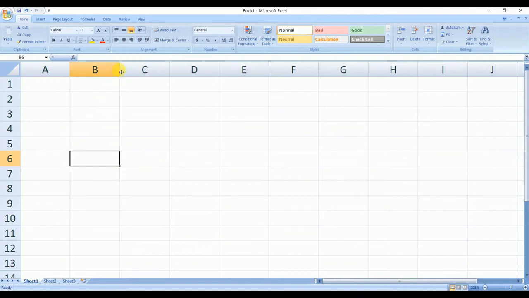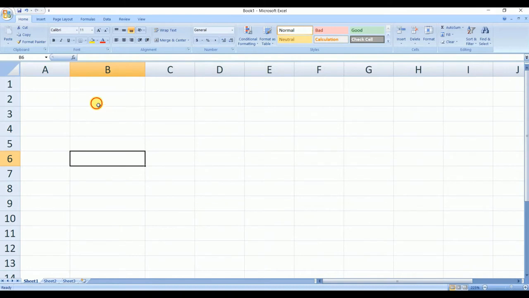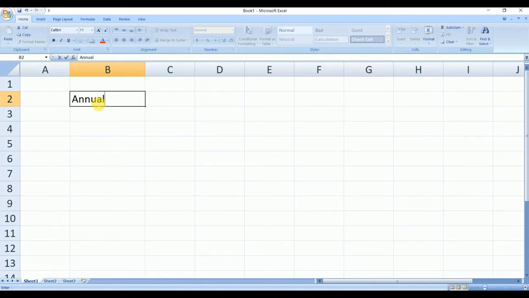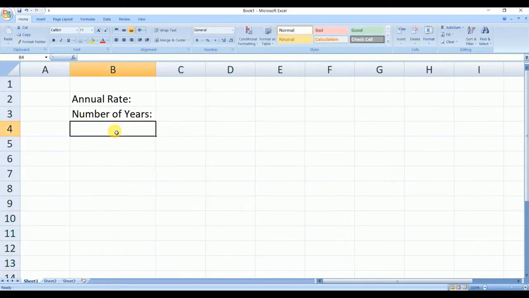So the first thing I'm going to do will be to type the annual interest rate that will be given to us by the bank. Then we'll also type the number of years that we will be required to pay off this loan. Then we have the number of payments that we'll make during this period.